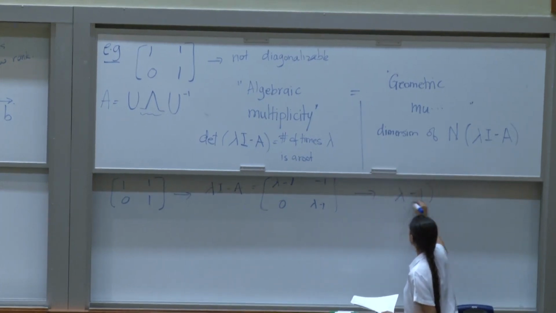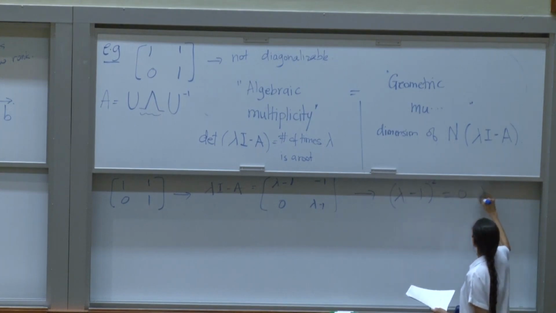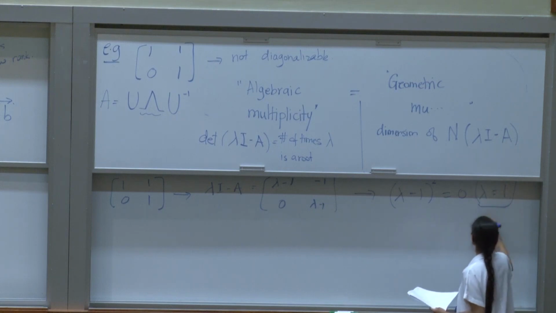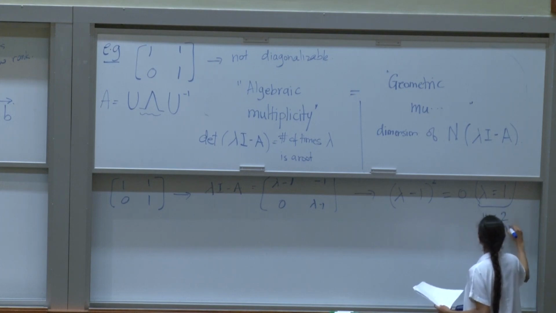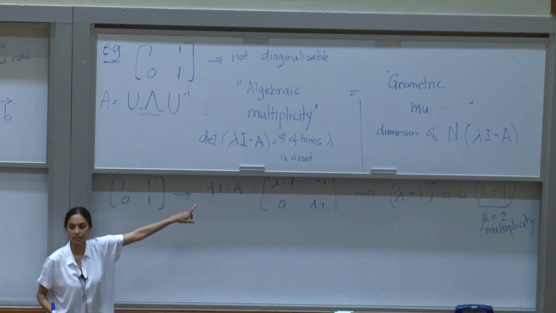So I have the characteristic polynomial as lambda minus 1 squared equal to 0. So lambda equal to 1 is a repeated eigenvalue. Right? The multiplicity is equal to 2.